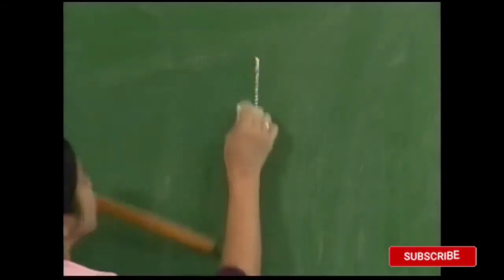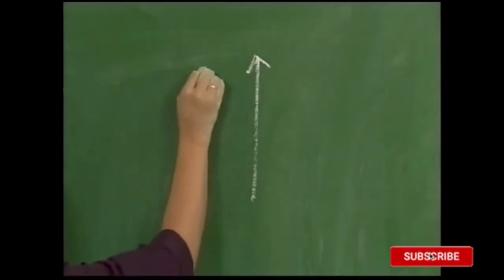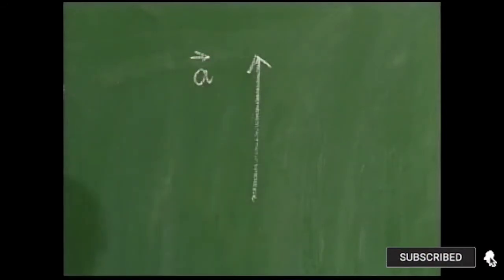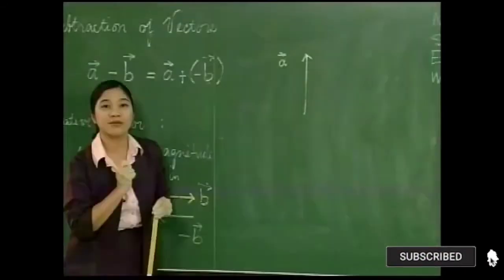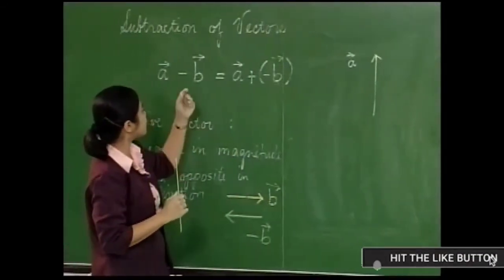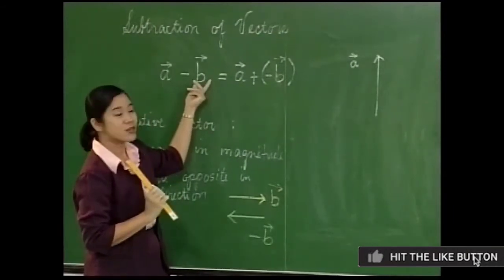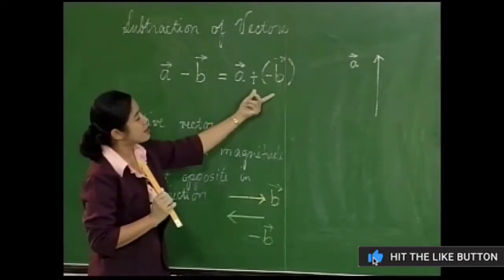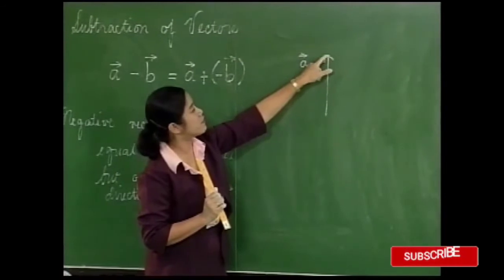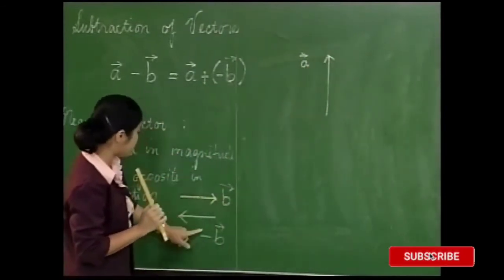This is my vector A. And now, using the tail to tip method, I take the second vector and connect it to the tip of the first vector.